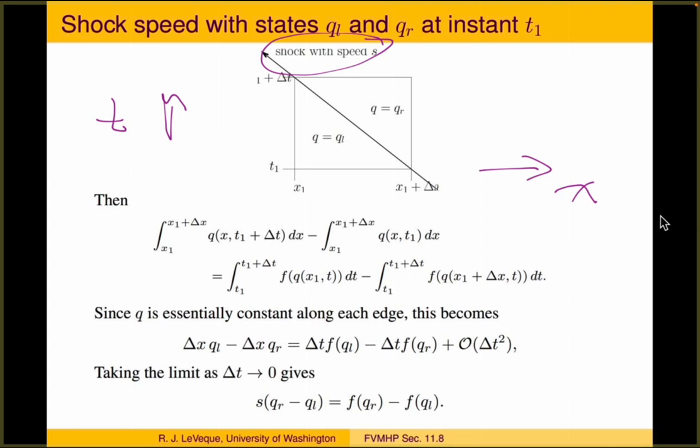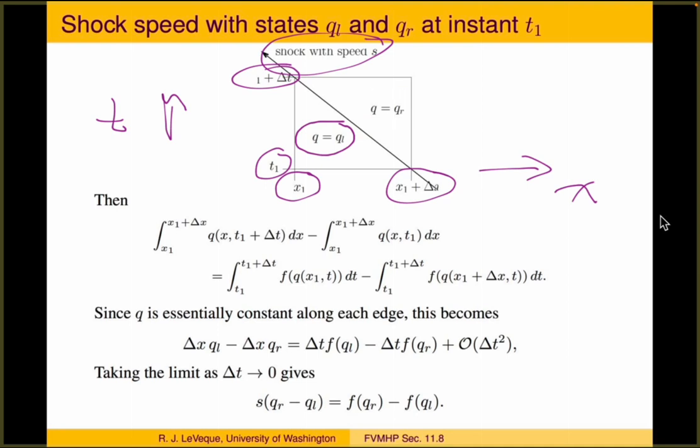It could be varying speed with time, but if we zoom in on a very small region from x1 to x1 plus delta x and from t1 to t1 plus delta t, then we can assume, to order delta x and delta t anyway, that to the left of this shock wave, q is essentially constant at some state ql, and to the right of the shock wave, q is constant at state qr.